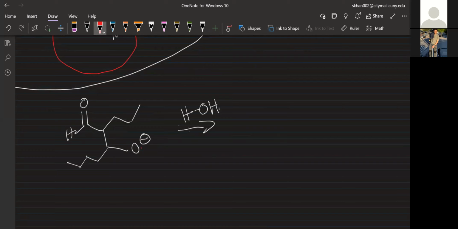The protonation of your alkoxide. Whoa, what happened? Give me a second. It literally just rotated the screen. I don't know how that happened.